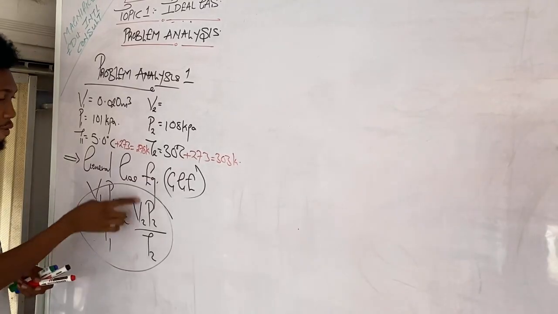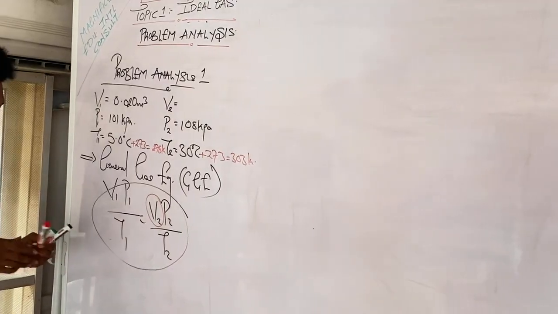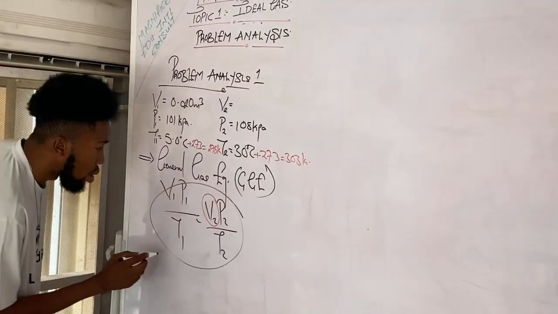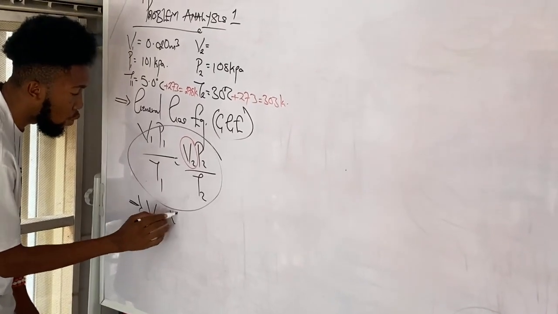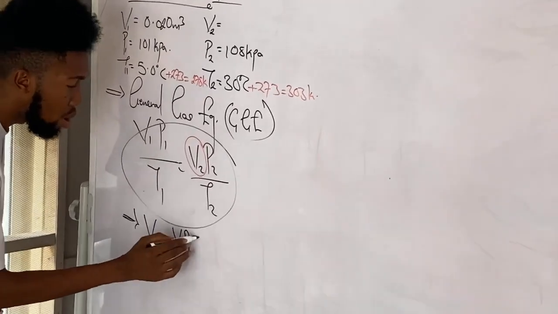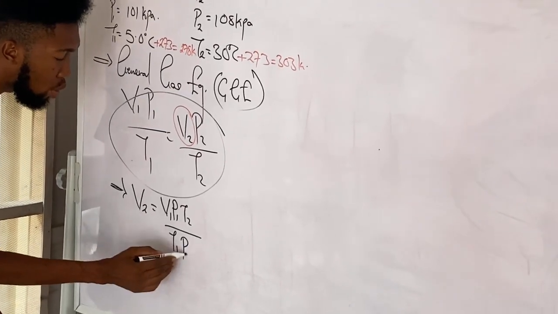So what are we looking for? V2. We should make V2 the subject of the formula, and that gives us V2 equals V1 P1 T2 divided by T1 P2.